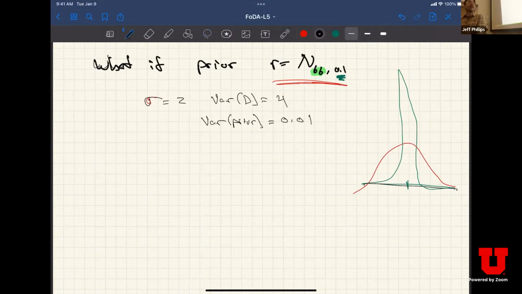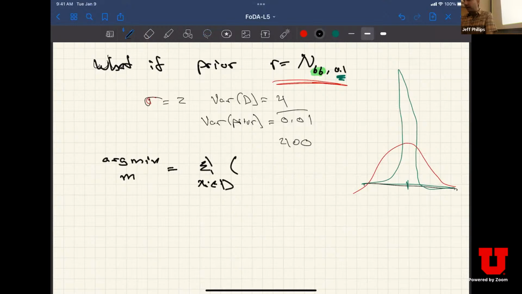I've squared 0.1, right? So that means now the ratio is 400. If I redid this calculation, it's going to be the arg min of the mean of the sum over xi in D of xi minus m squared plus xi minus the prior value, and this is now divided by 400.